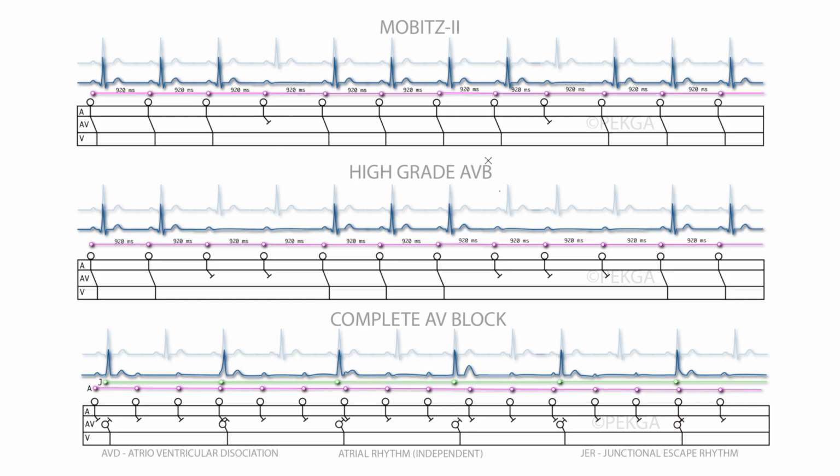The high-grade version of that is it stops the beat maybe several consecutive times, actually it has to stop at least twice, before it actually conducts again. So here we still have, just like in our example, 3 Ps to 1. The next one finally conducts, right?